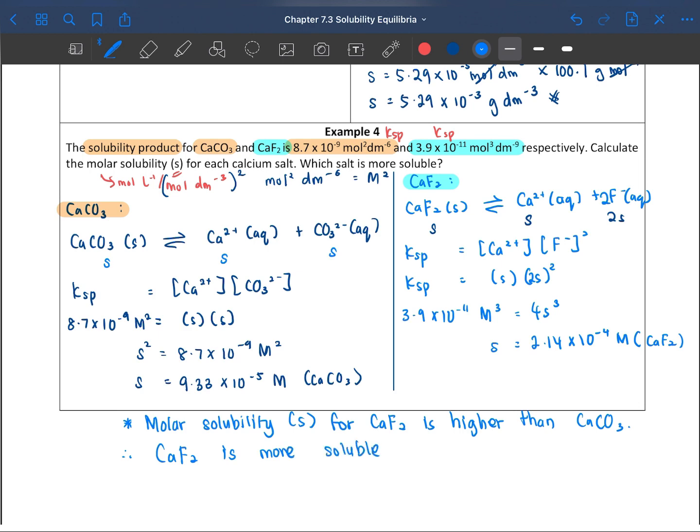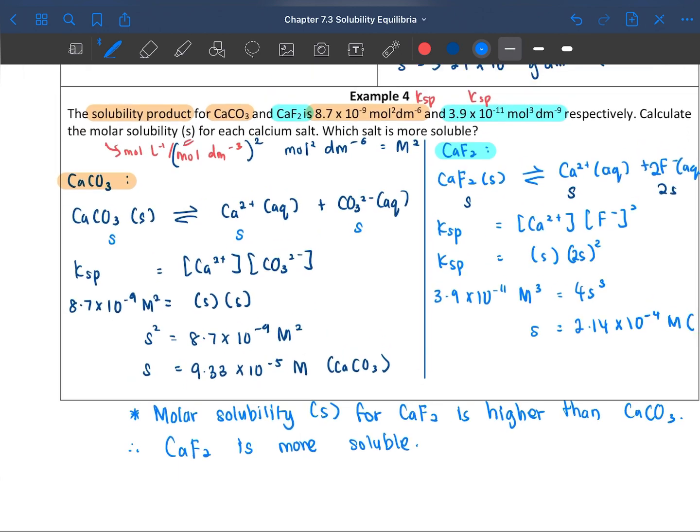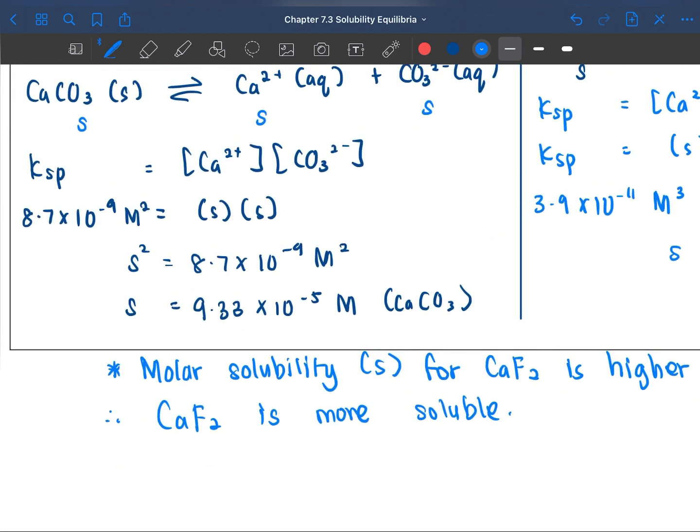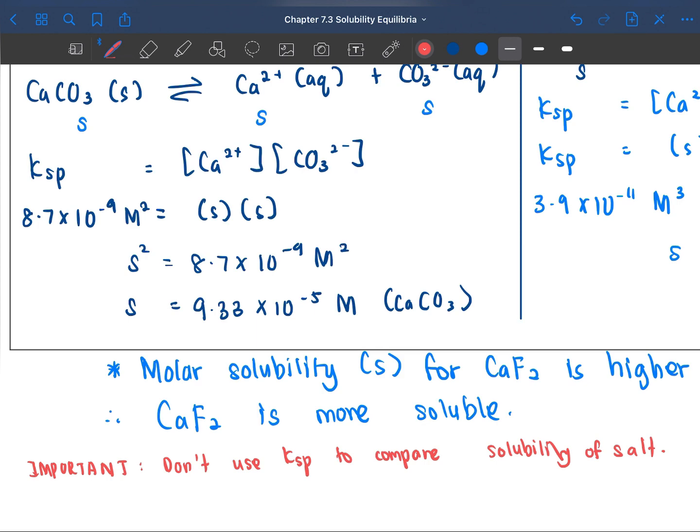Tadi saya cakap jangan guna KSP, so ini pun kita write down. Important: don't use KSP to compare solubility of salt.